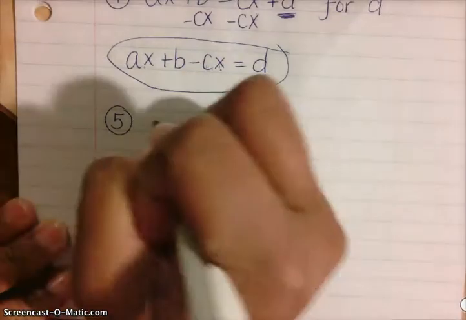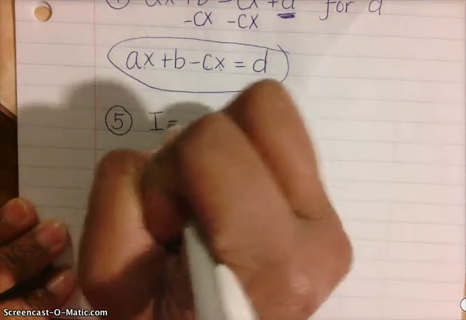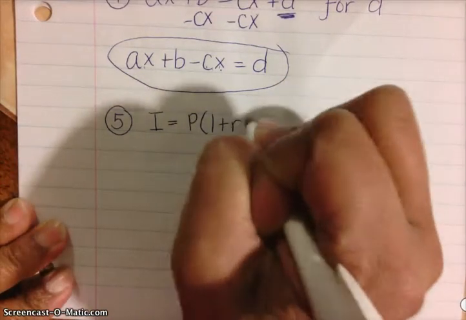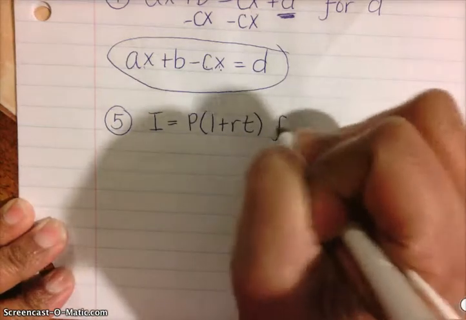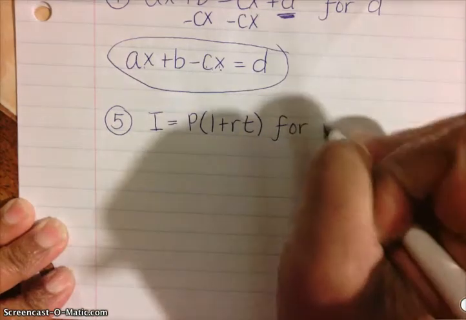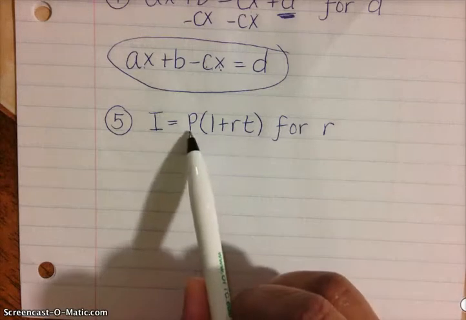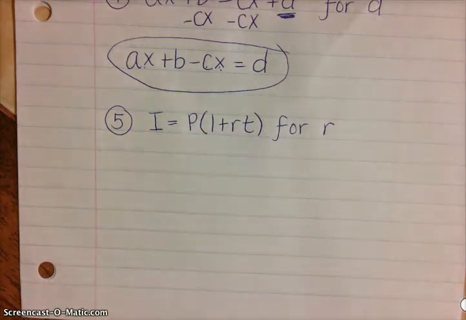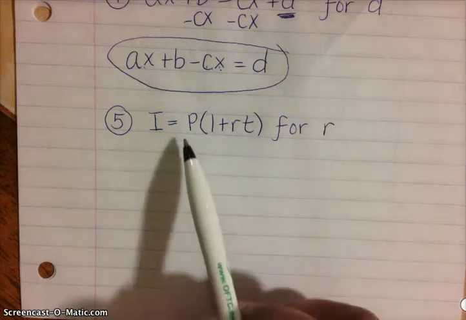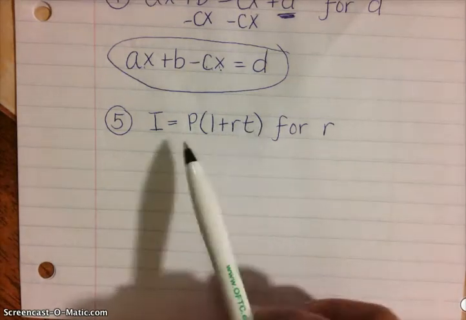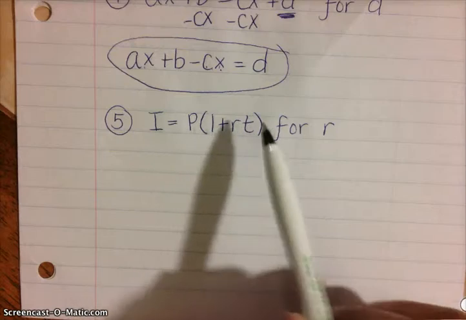Okay, for number 5, I have I equals P times (1 plus RT), and here we're going to solve for R. We have a P here that's outside of the parentheses. We can look at that two different ways. We can look at it as being P times the terms in the parentheses, or some of you may want to go ahead and distribute.